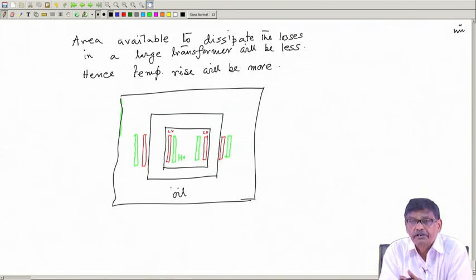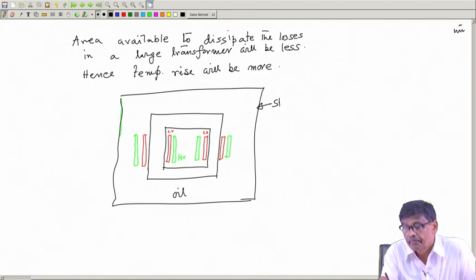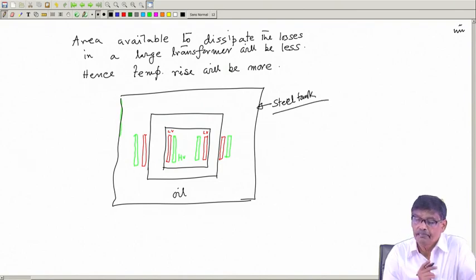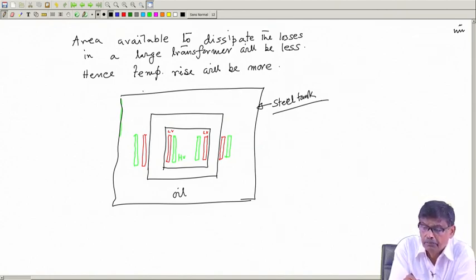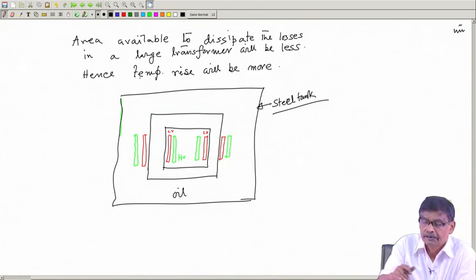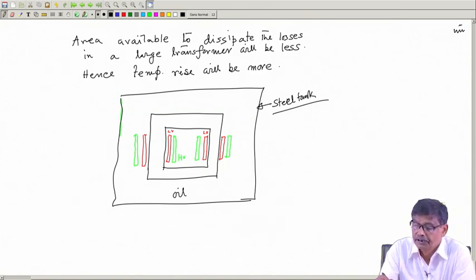Everything will be immersed in that, okay. And so this is still tank. And it will be immersed in oil, and then the terminals will be brought out from the top surface of this transformer. So, here is no space, you understand.